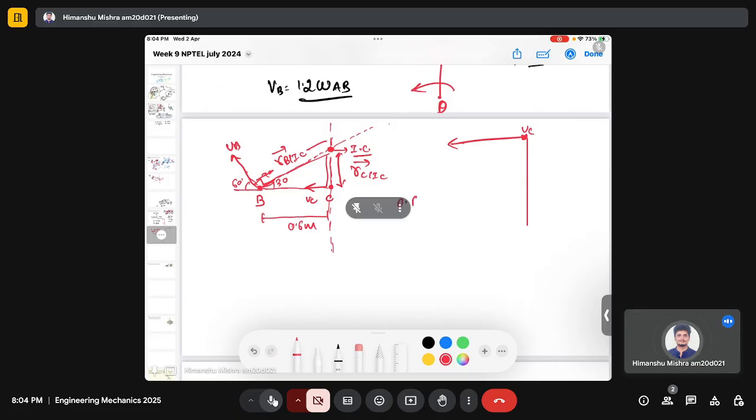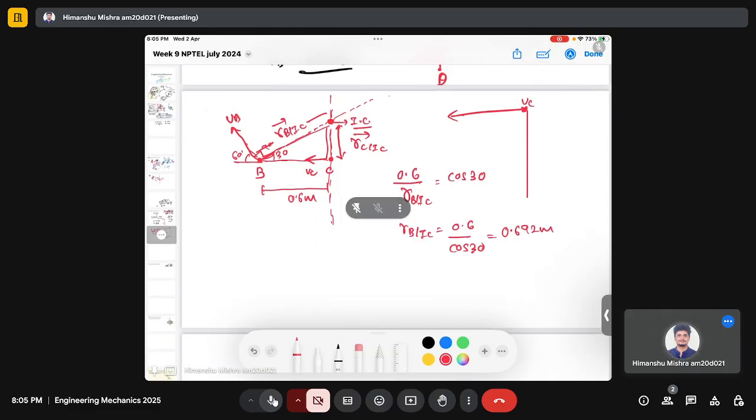So I can find this distance and this distance by using trigonometric relations. So 0.6 over RB with respect to IC is cos 30. So RB with respect to IC is 0.6 by cos 30, which is 0.692 meter. And RC with respect to IC divided by RB with respect to IC equals sine 30.